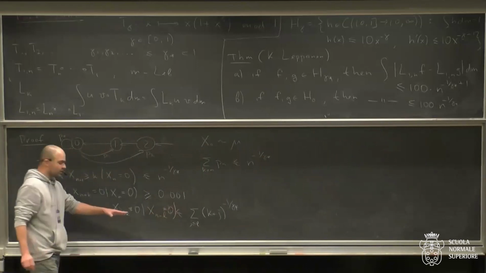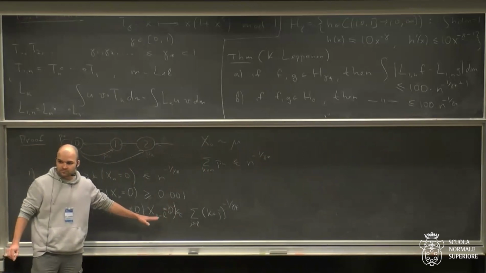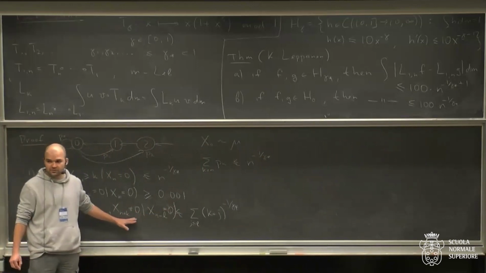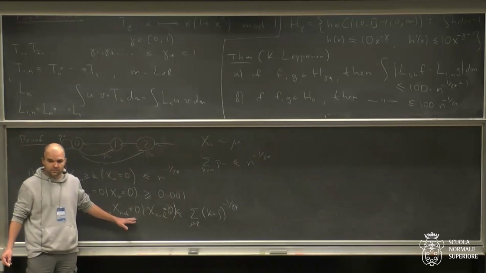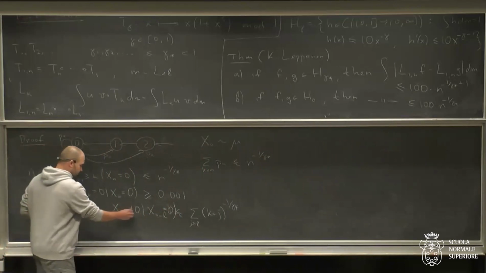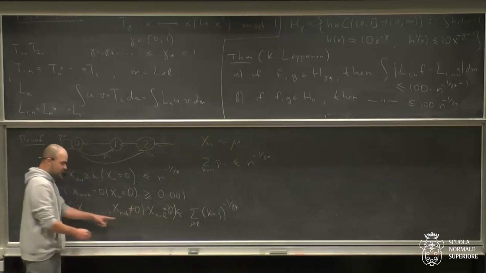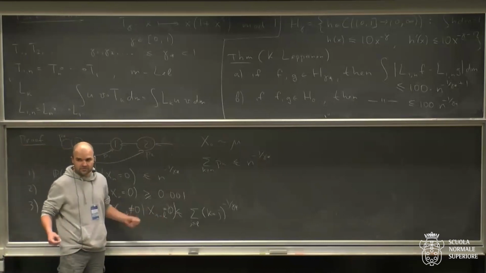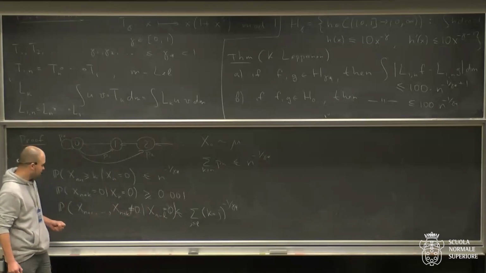Yeah, so you have seen 0 not so far in the past, and you ask what is the chance that you won't have 0 for k steps. What is the chance that you don't see 0 for k steps, given that you have seen 0 in the past?